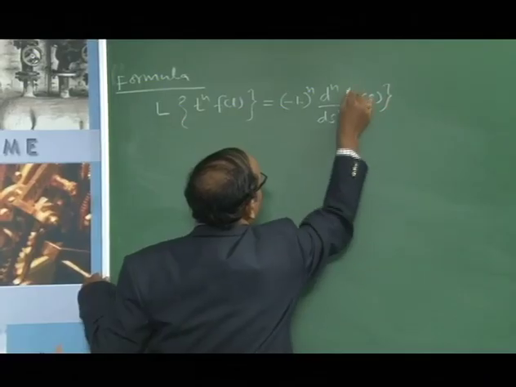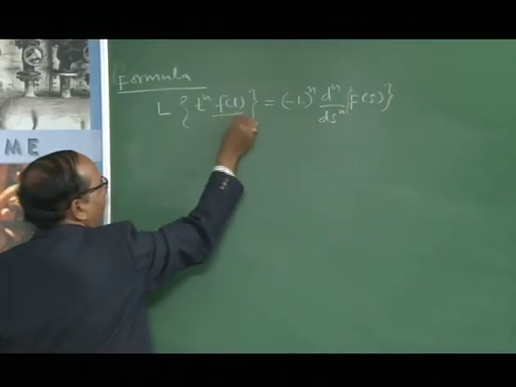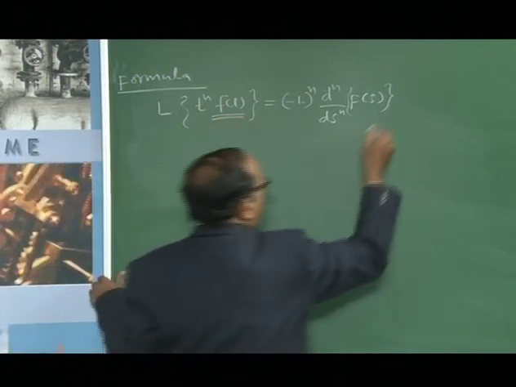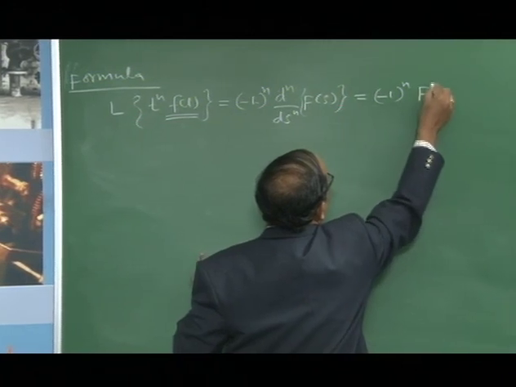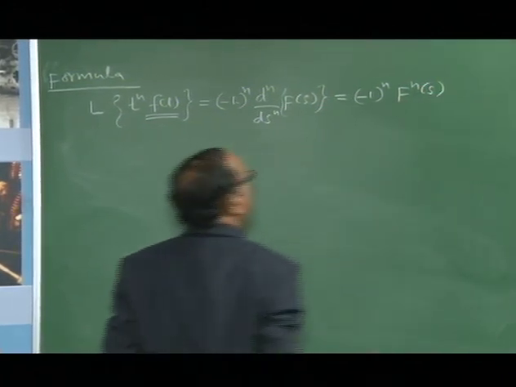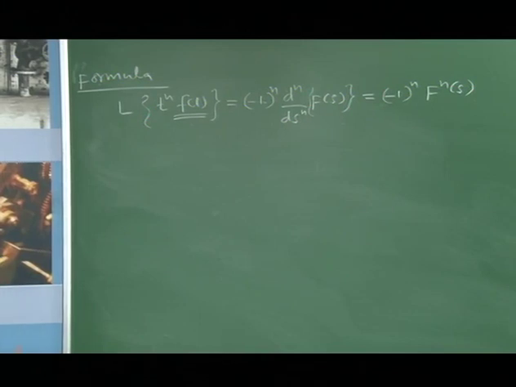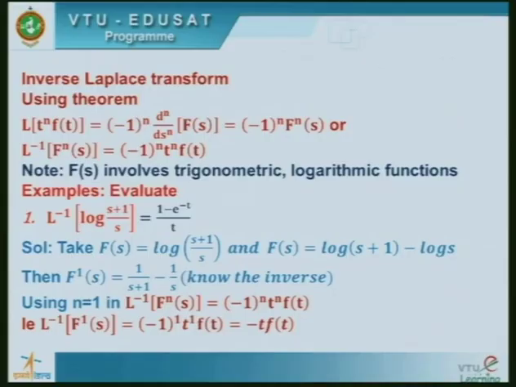What is f of s? f of s is the Laplace transform of f of t. So in shortcut we can write minus 1 raised to n, f n of s. So f n of s is nothing but f of s differentiated n times with respect to s. So this is the formula in Laplace transform.